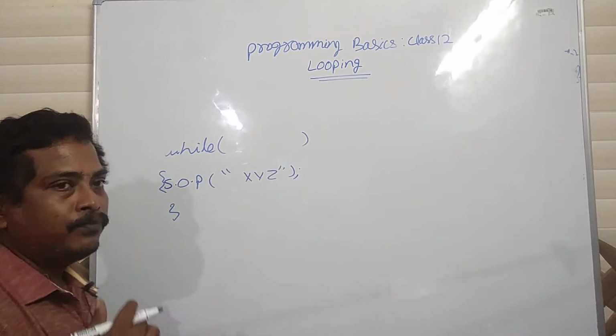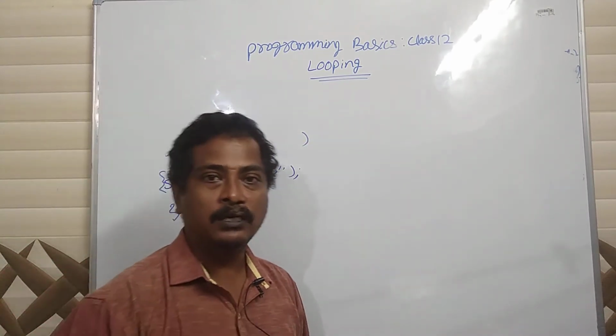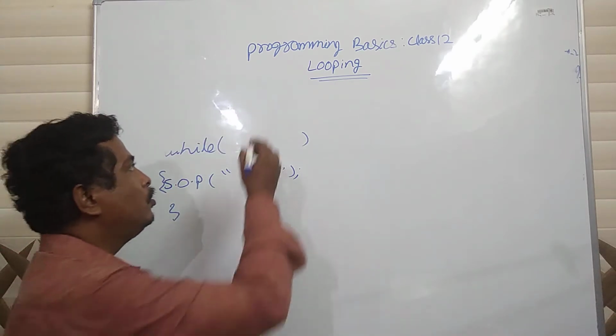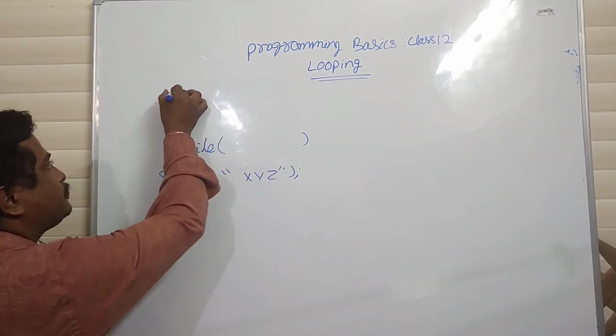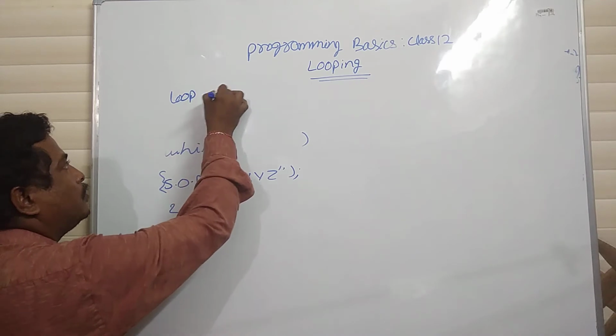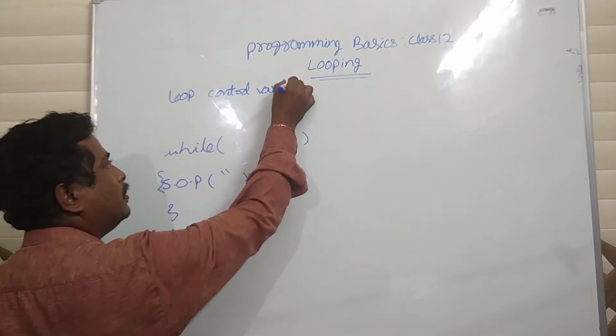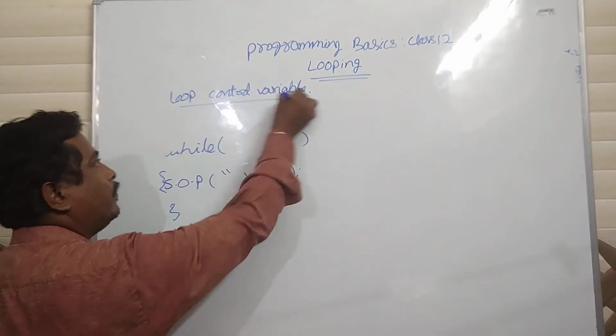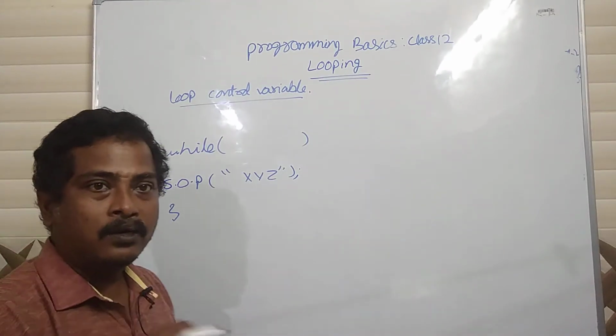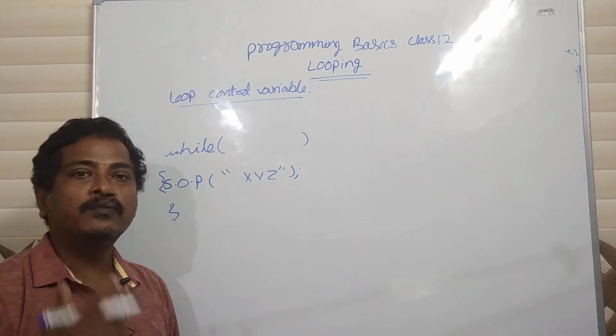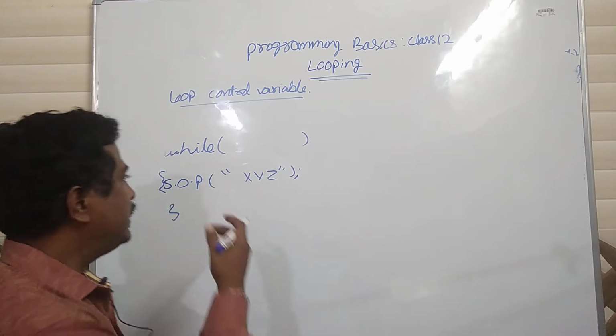In a programming language, to put a condition, we need a loop control variable. That means this variable will control the number of times the loop runs. Here I need 10 times.